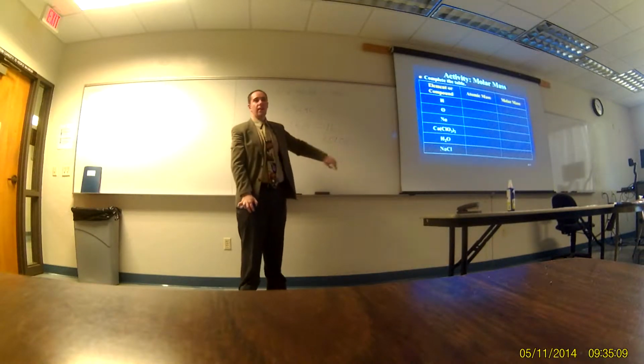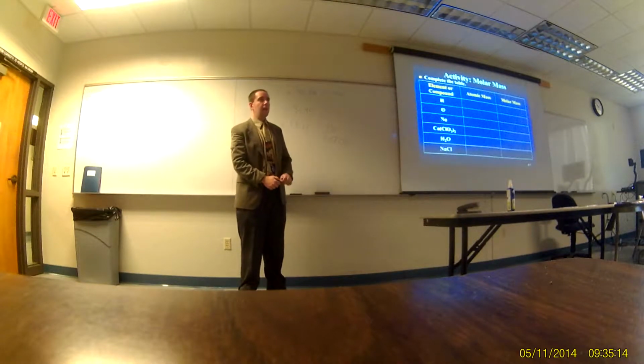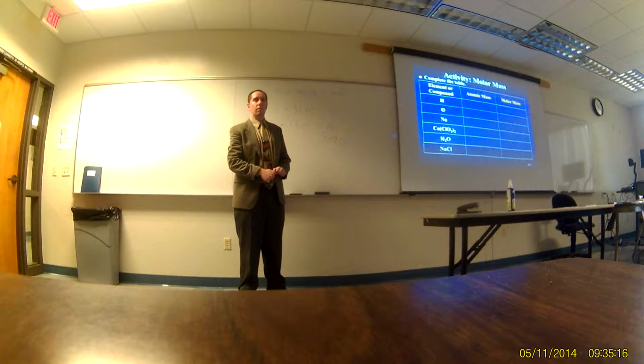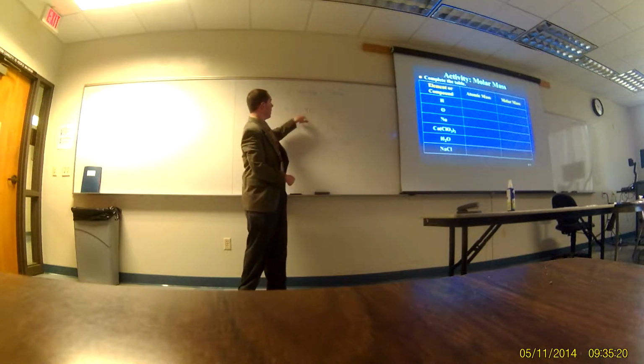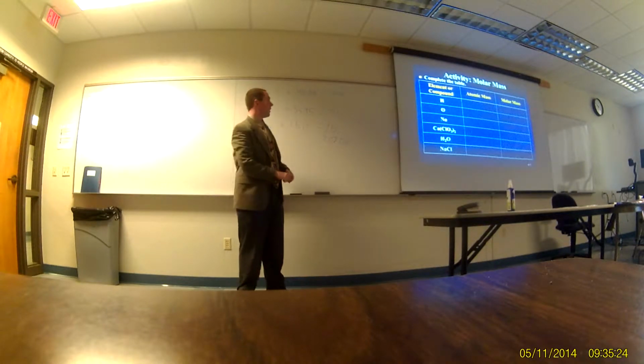You're not going to be graded on sig figs of molar masses like this. I got 206.9. That's 35.45 times 2. Yeah, that's not exact. Okay, yours is more accurate than mine.